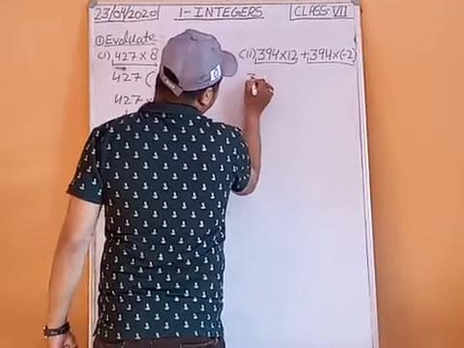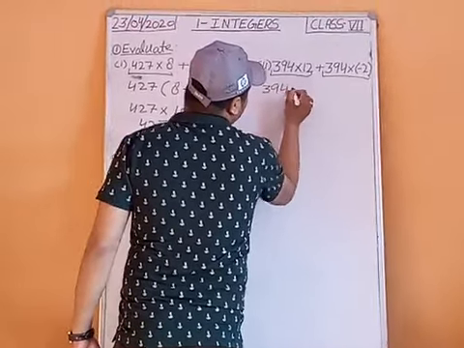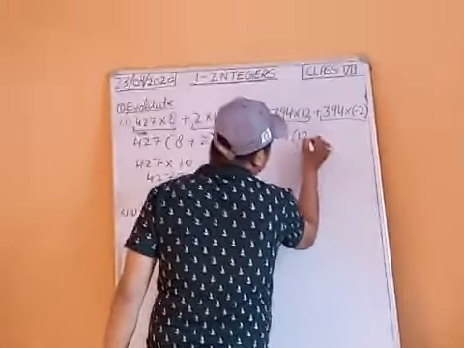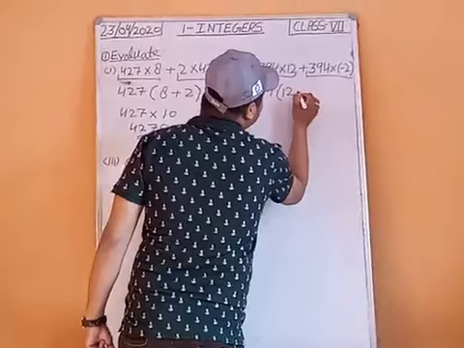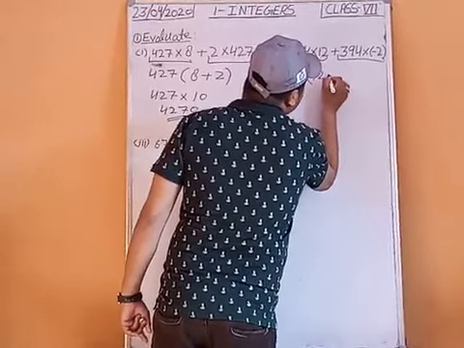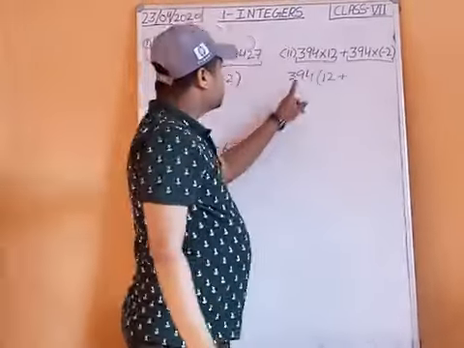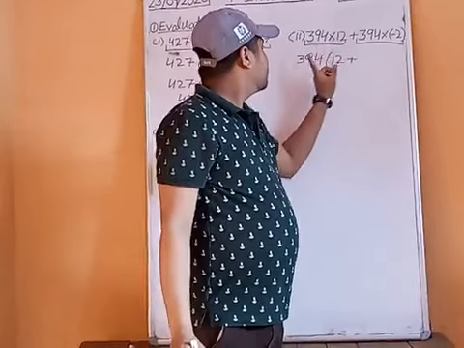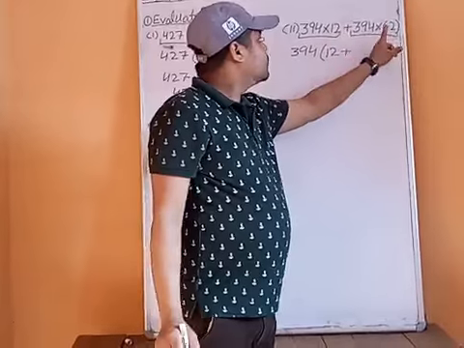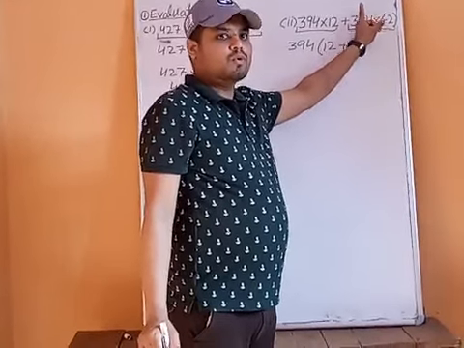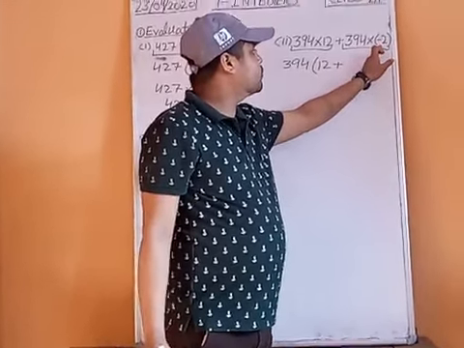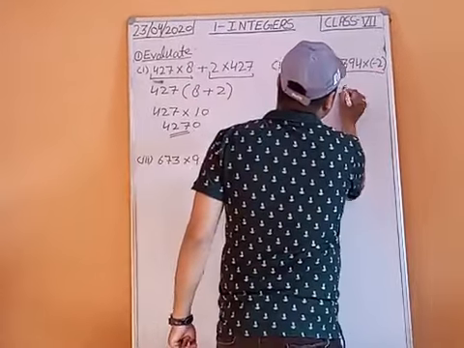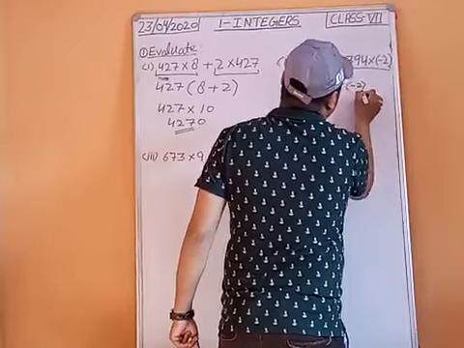So we will write 394, then bracket. 394 cancels, 12 remains, and here we will put a plus sign. 394 cancels, and 2 remains 2. You can see here is minus 2, so we will take minus 2 inside the bracket.